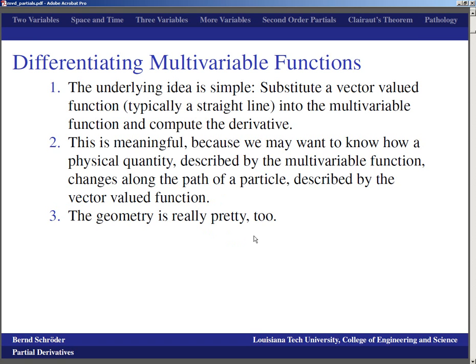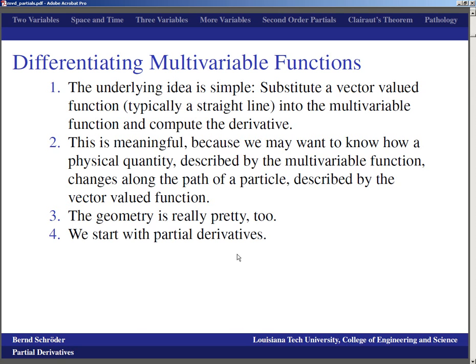The geometry, of course, we have seen is really pretty too, and it's a good visualization, and often we're even using these kinds of visualizations when we're talking about functions of three or more variables. But we have to be careful here, because unless you are really interested in shapes of two-dimensional sheets in three-dimensional space, the geometry really is just a visualization, nothing more.